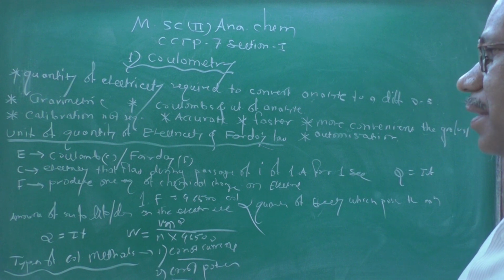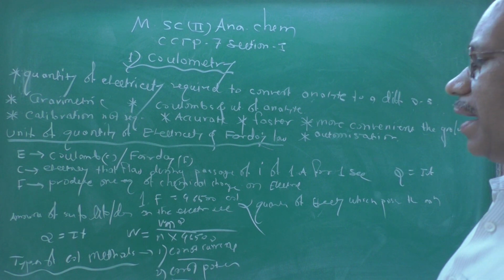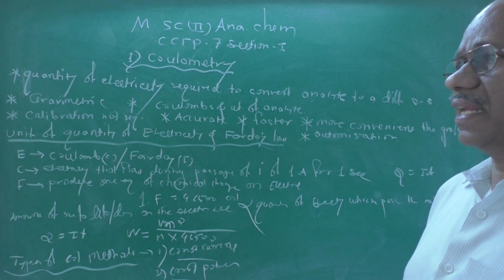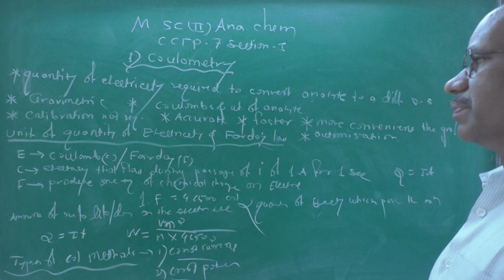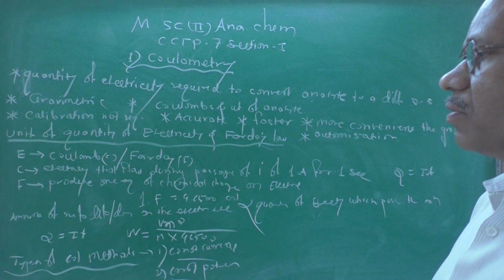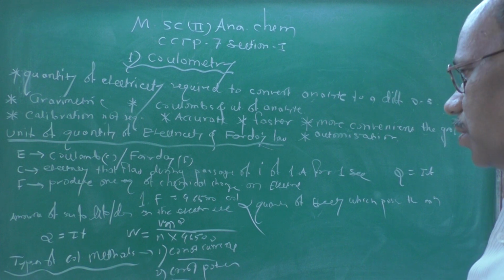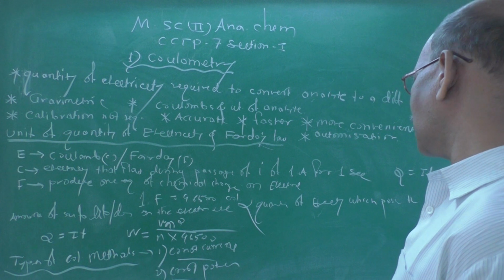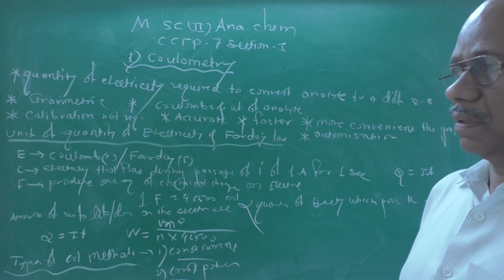Then the unit of quantity of electricity and Faraday's law. The quantity of electricity is either expressed in Coulomb or in Faraday. What is Coulomb? The quantity of electricity that flows by passage of 1 ampere current for 1 second in the solution.